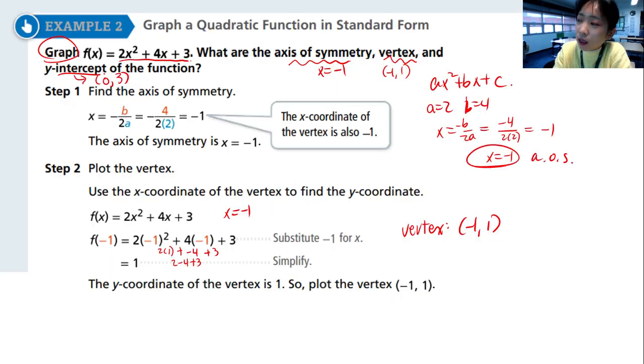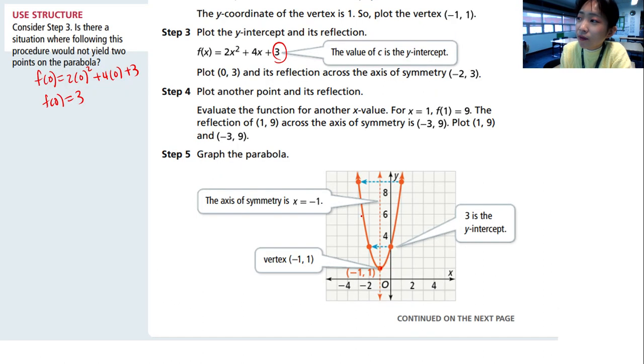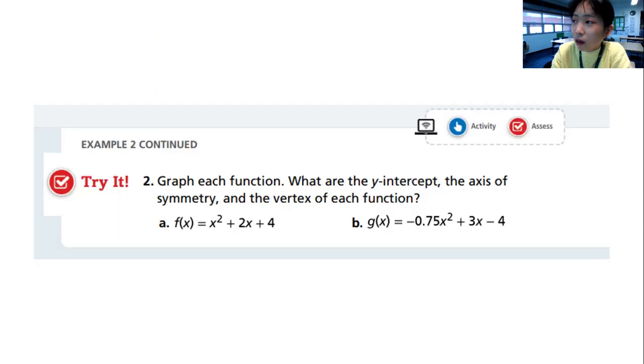You can also plug in other points for x and figure out some other points. That's your axis of symmetry, so you know it's going to be symmetric here. That's your vertex, so just go up and make a curve. We already learned how to graph using points in the first lesson, so you should know how to graph it. There you go.